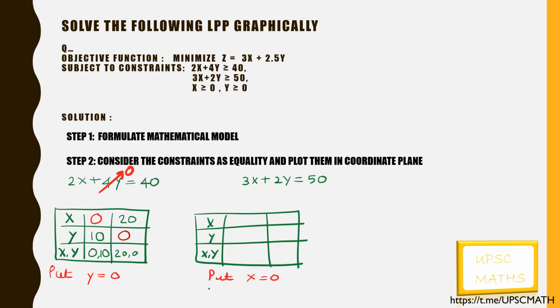When we put x = 0, we get y as 25. So the coordinates become (0, 25). When we put y = 0, we get the value of x as 16.6. So the coordinates become (16.6, 0).